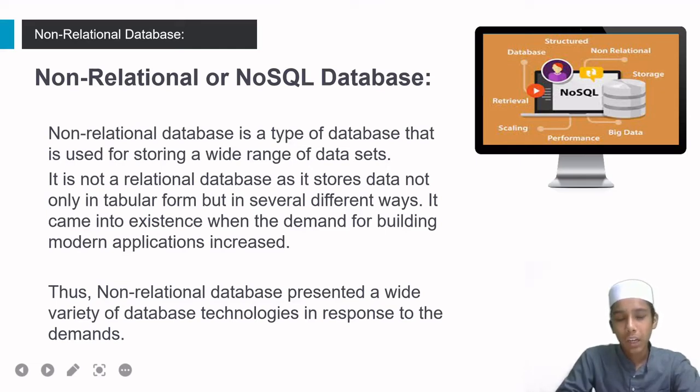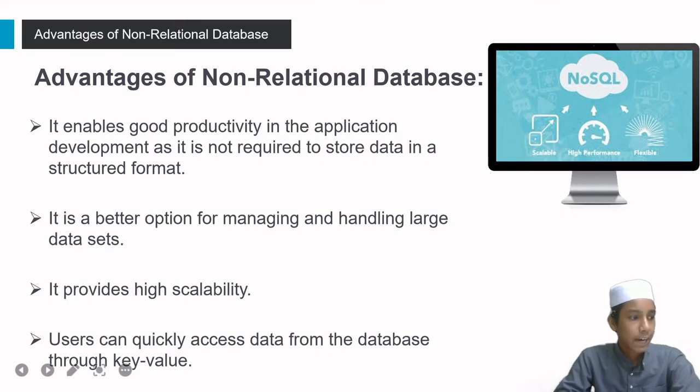So now we have talked about non-relational databases. Now let's talk about the advantages of non-relational databases. The advantages are: it enables good productivity in application development, as it's not required to store the data in a structured format.